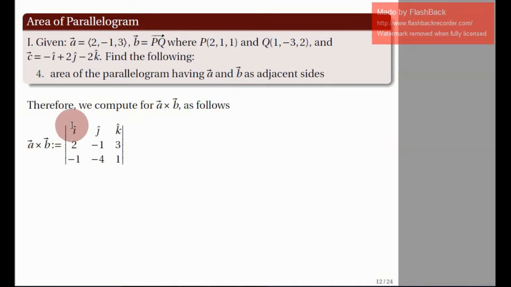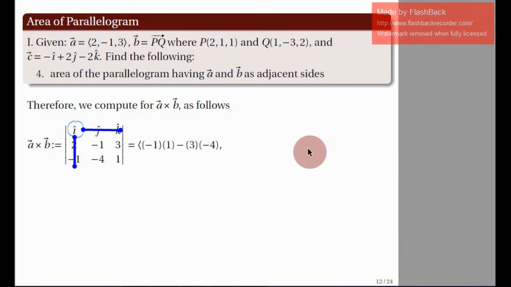And what we did last time was we encircled this standard basis vector first, i hat, and crossed out the corresponding column and row, and we got the determinant of the resulting 2 by 2 array, the result of which we multiplied to our encircled i hat here, which just means that the result will go to the first component of the resulting vector. And so here we have negative 1 times 1 minus 3 times negative 4 placed in the first component.